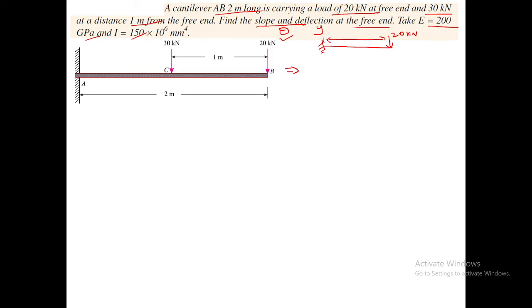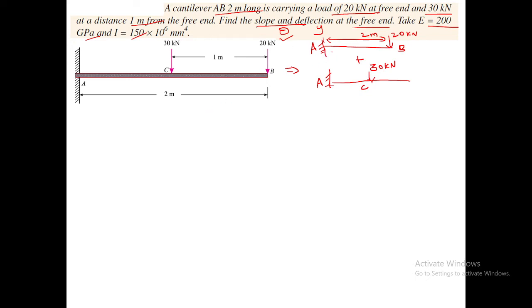2 meter plus point B, point C, 30 kilonewton. This is point A. So first, slope.